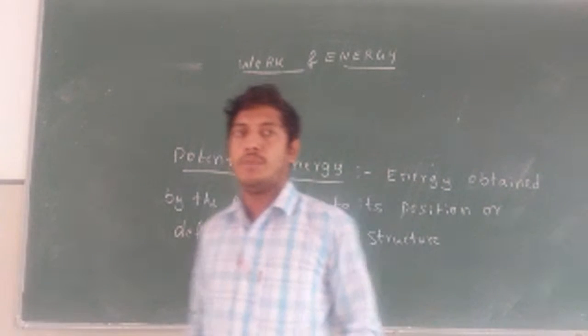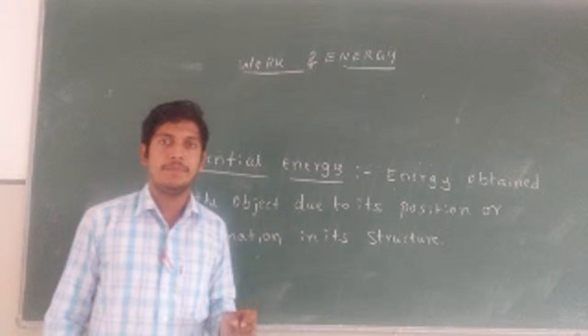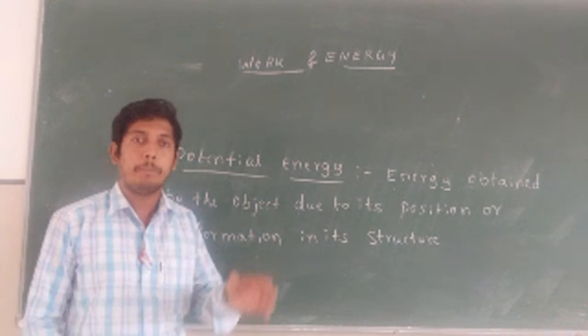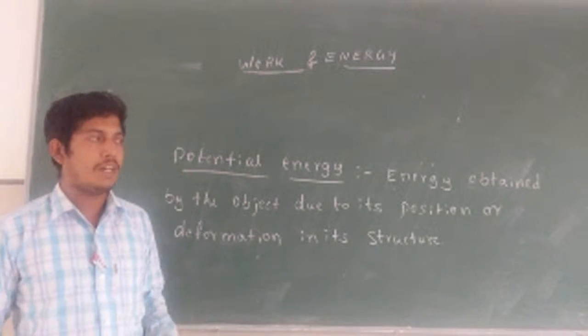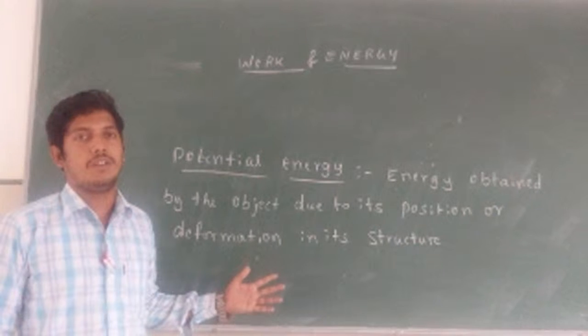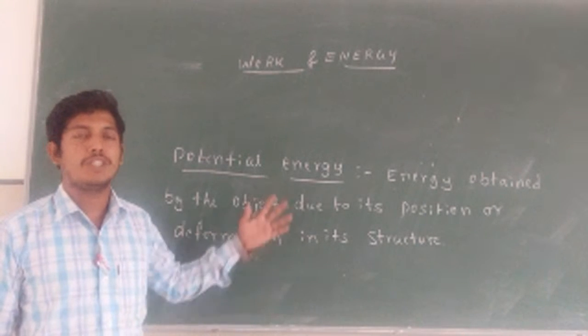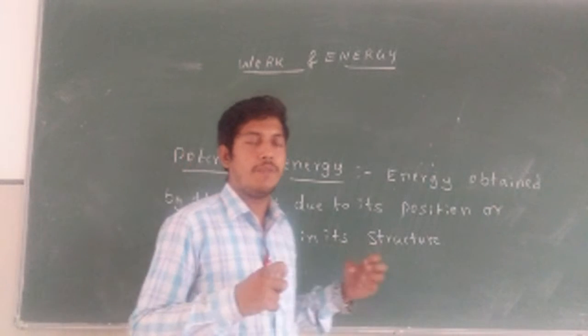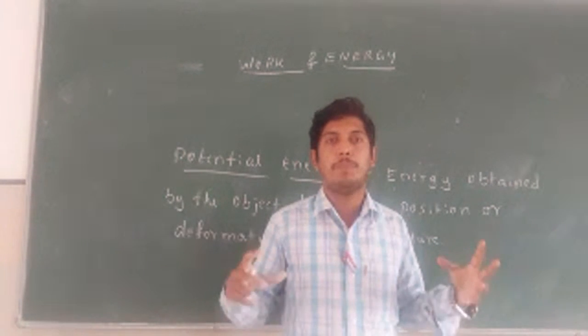For example, if we consider a spring, when we press from both sides, the spring shrinks, that is compression. That means a change in the structure of that spring, so that gives the potential energy. Or when we pull the spring from both sides, it will expand.